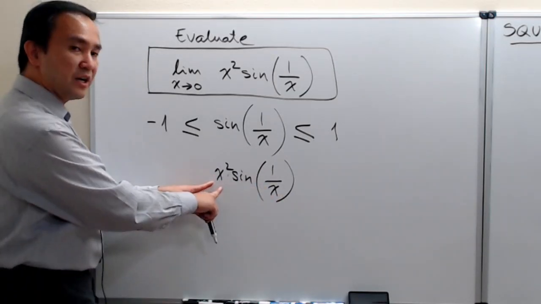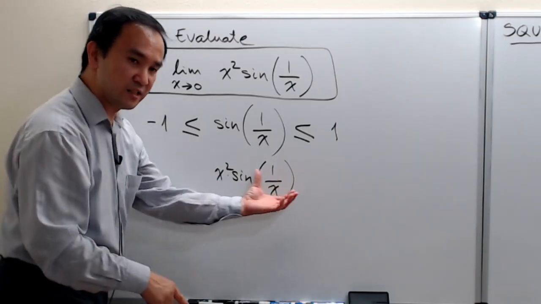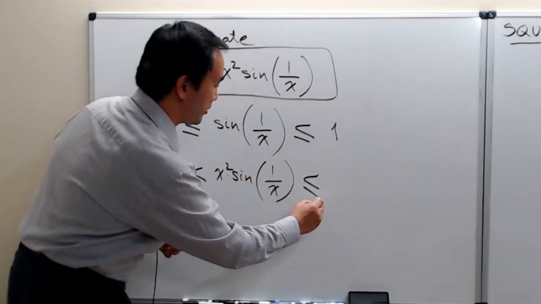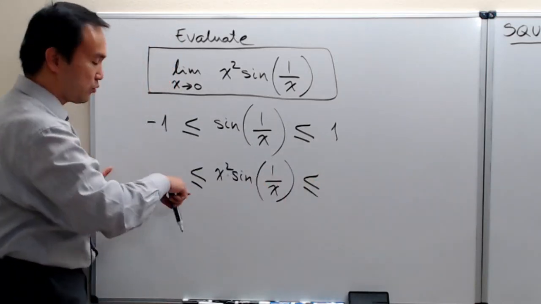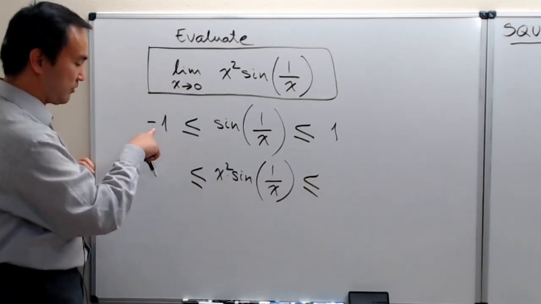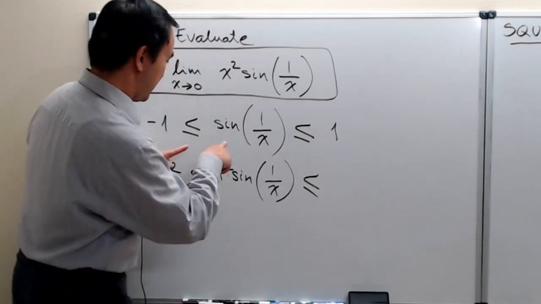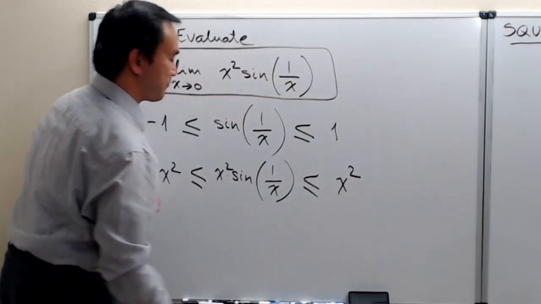But if we multiply a number or some expression to one of the sides of an inequality, then make sure we are multiplying that same expression to the rest. So in this case, to the other two sides as well. So x squared multiplied with negative 1 gives me a minus x squared. And x squared multiplied with positive 1 gives me positive x squared.